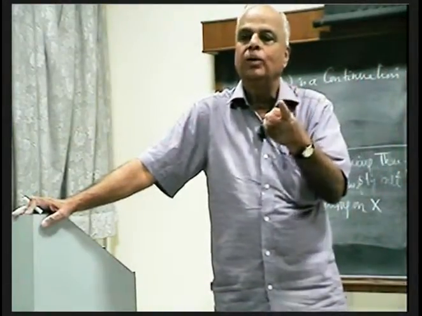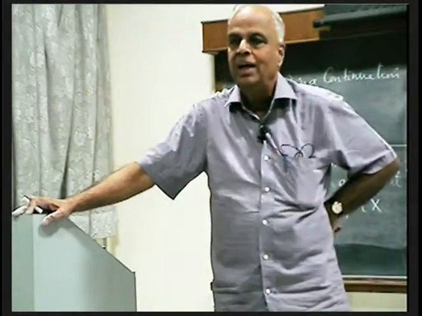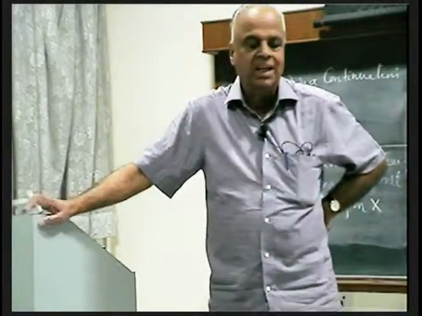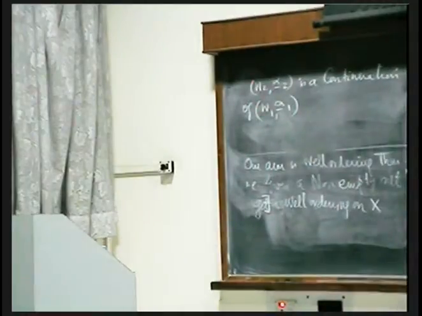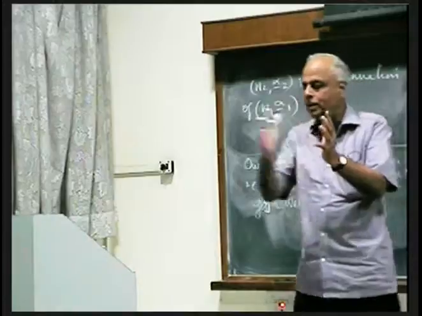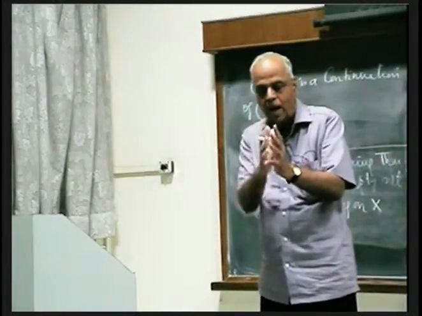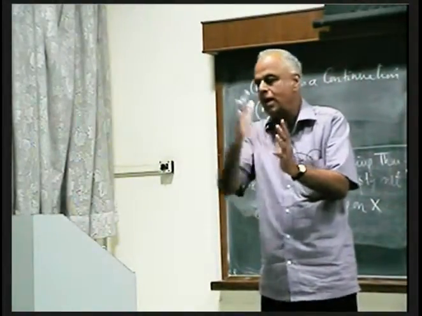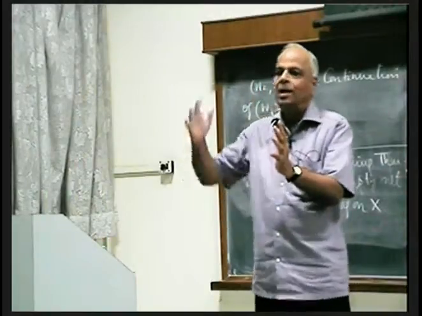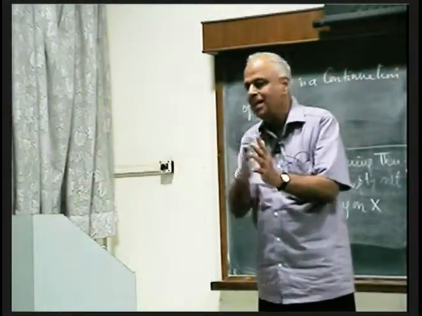If any two fellows, one of them is a continuation of the other, then it is called a chain. Okay. So then this becomes a partially ordered set, because anybody is a continuation of himself. If I have one well ordered set, then a continuation, then a bigger continuation, then transitivity goes.